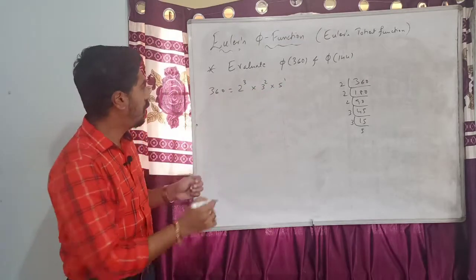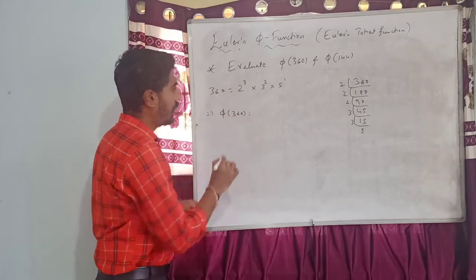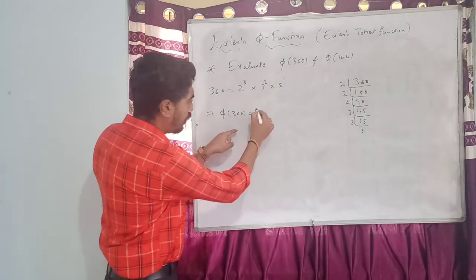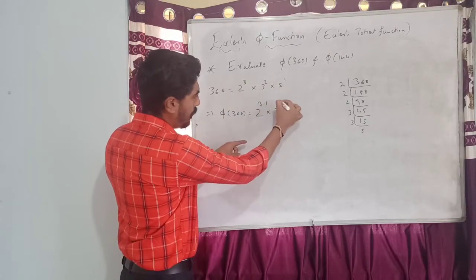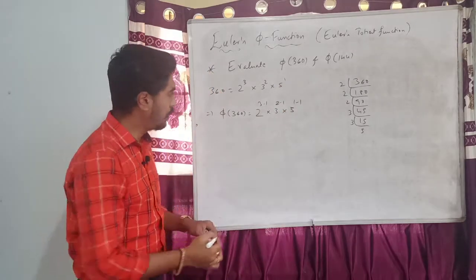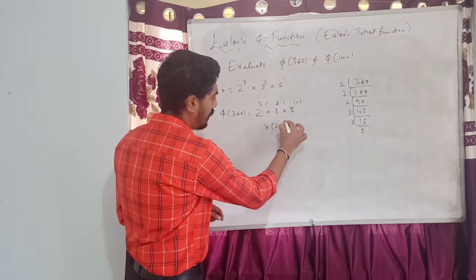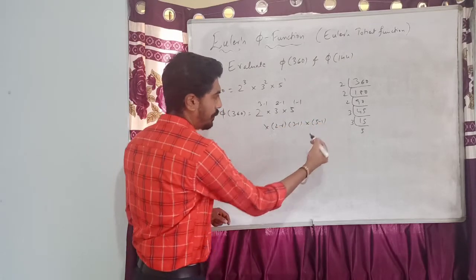Now to find out phi of 360, this will be equal to 2 power 3 minus 1 into 3 power 2 minus 1 into 5 power 1 minus 1 into 2 minus 1, 3 minus 1 into 5 minus 1.